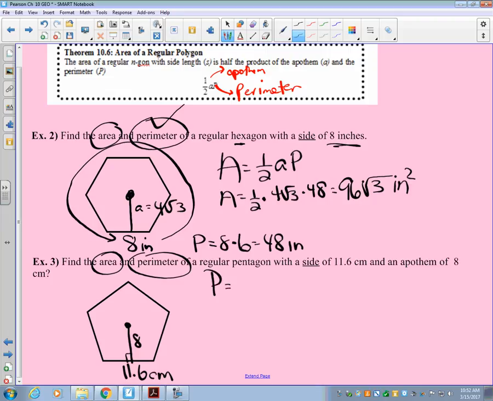What do I have to multiply together? 11.6 times the number of sides we have. 11 times 5 is 55. 5 times 0.6 is 3, and 55 plus 3 is 58. How about mental math today?